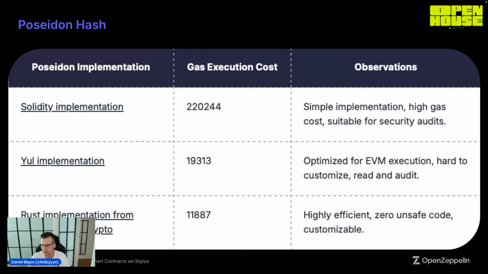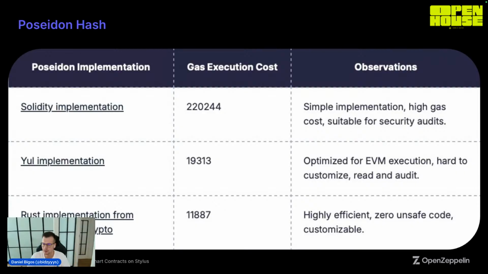Our implementation is more than 18 times faster than the pure Solidity implementation, and almost 2 times faster than the assembly implementation. And it is super easy to read, maintain, and use.